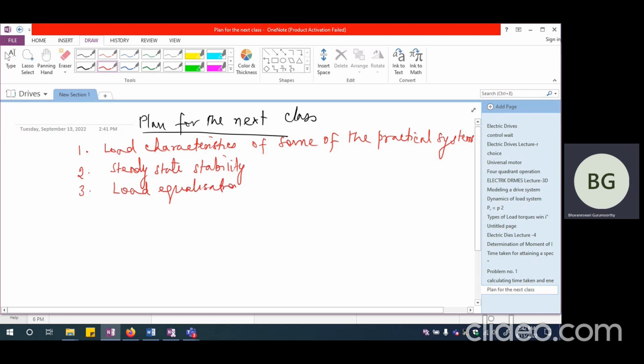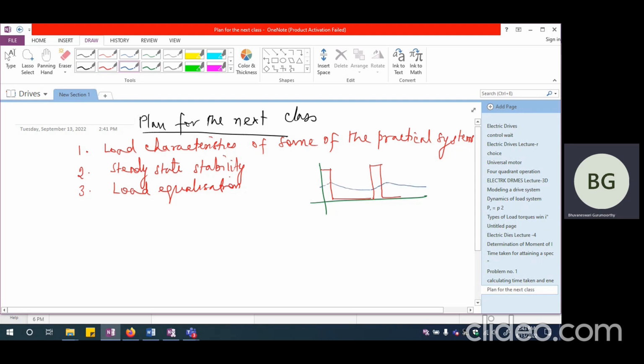That is, if I am going to have a load which is extremely large for certain duration of time, and literally zero for certain duration of time, and again very large, then zero, how will we make the system feel as though the load is not varying so much?